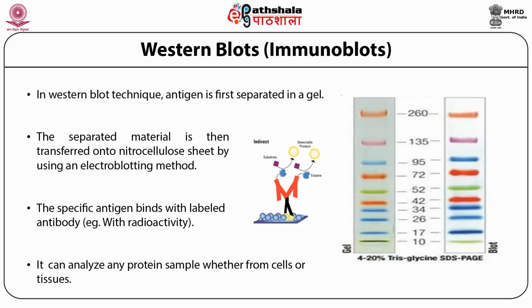Once it is separated and transferred onto nitrocellulose paper, you react the patient sera with the different proteins separated on the nitrocellulose paper, and you get an antigen antibody complex. This can be detected by using a secondary antibody linked with an enzyme or with a radioactive material. From this we can find out how many proteins of the HIV virus the patient's sera is reacting with. That will tell you whether he was infected recently or it is a chronic case, etc.